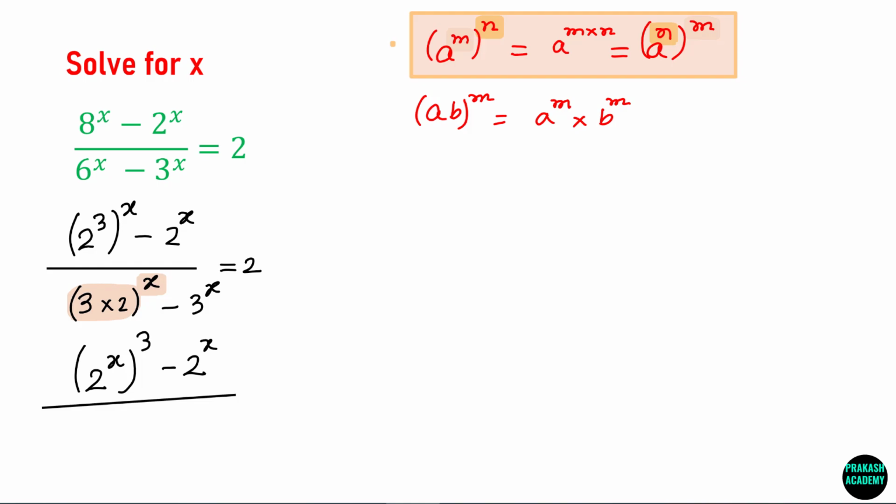So if I use this rule, I can rewrite this expression, that is 3^x times 2^x minus 3^x, and this is equals to 2.